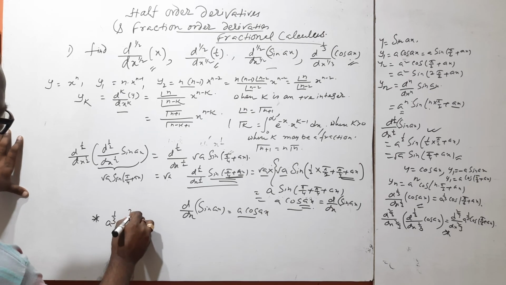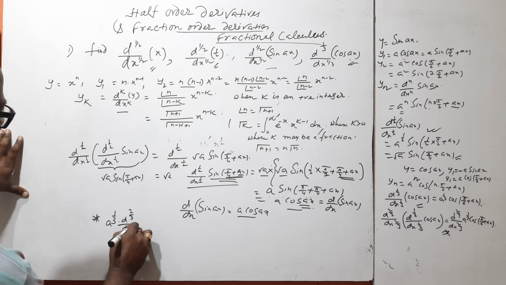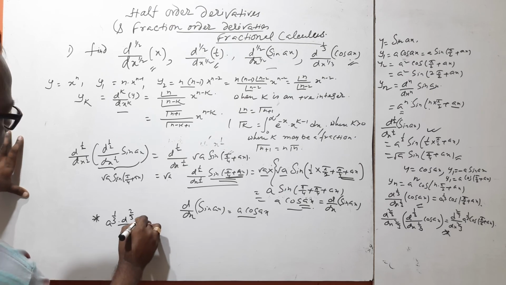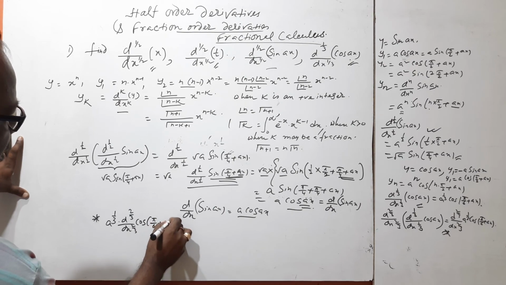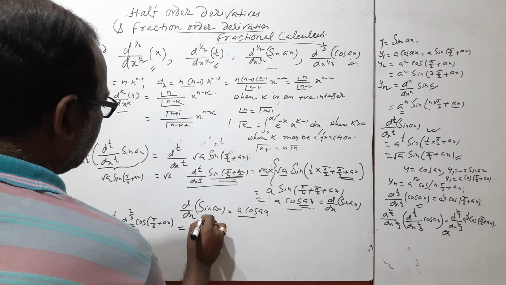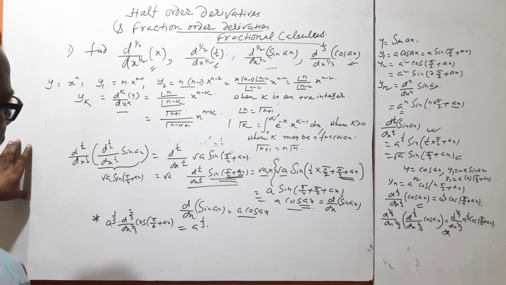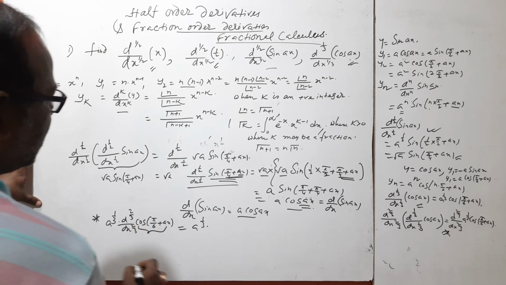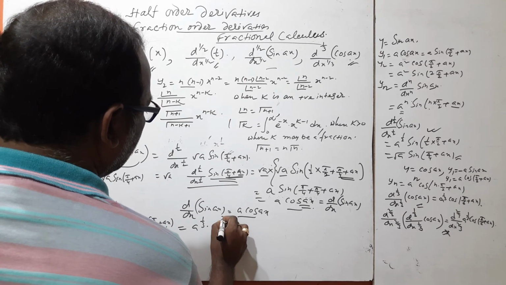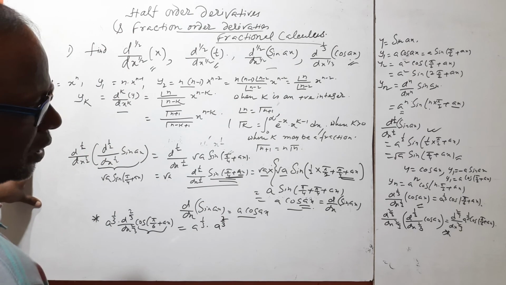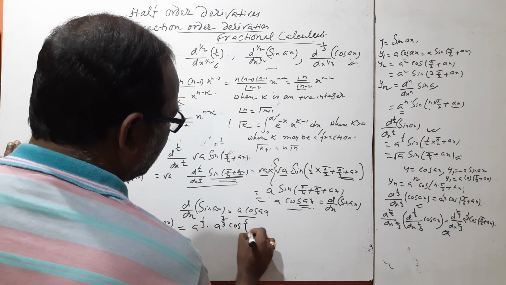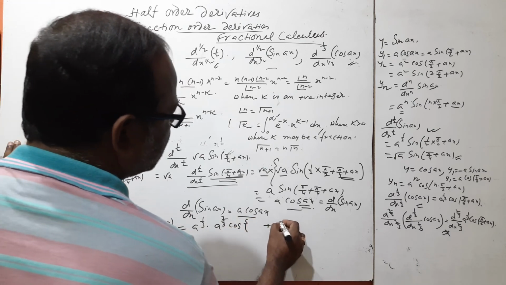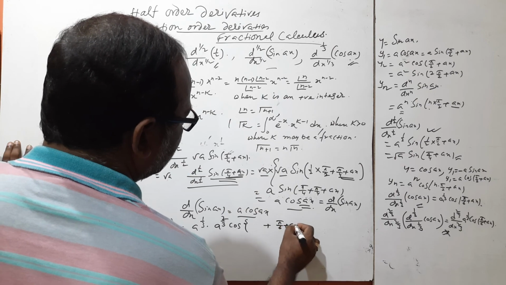So I can rewrite the notation here: the 2/3 order derivative of cos of pi by 6 plus x is equal to a to the power 1/3, and the 2/3 derivative of this means a to the power 2/3, and cos of, actually, as a whole angle, pi by 6 plus x.